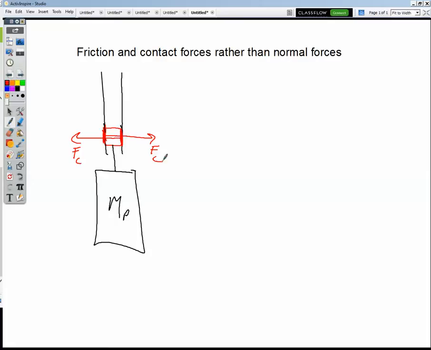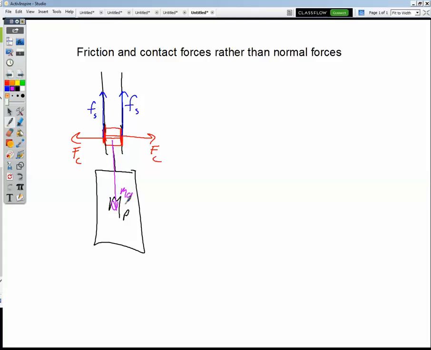Now these contact forces between the wall are equal and opposite, so they cause a frictional force, and this is static friction, that goes up. So we have a force of static friction between the wall and the cam device on the right-hand side, and we have a force of static friction between the rock and the cam device on the left-hand side. Two contact forces, two frictional forces. And then we have the weight from our rock climber going all the way down, so mg.